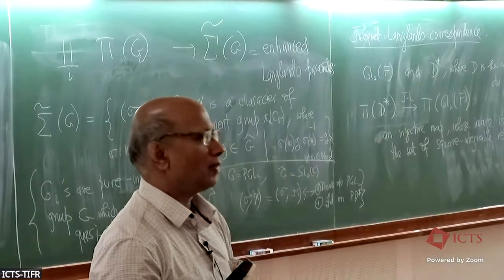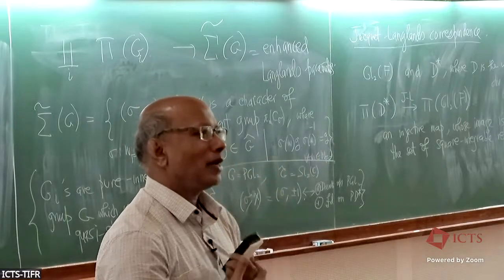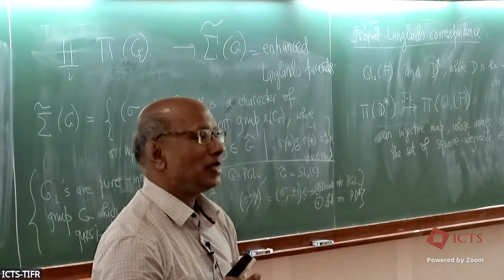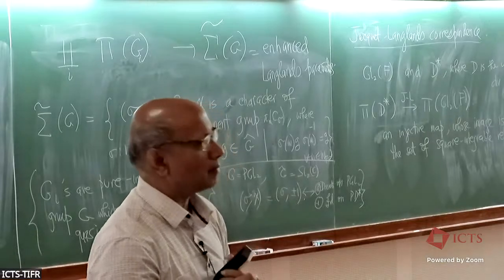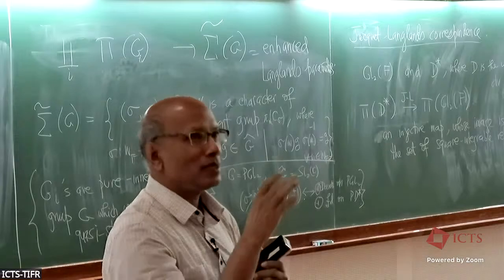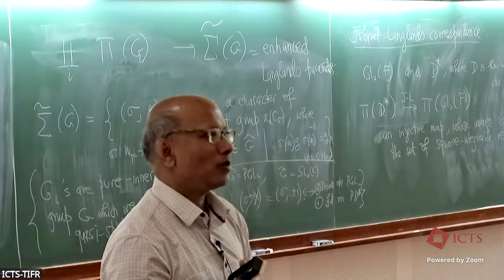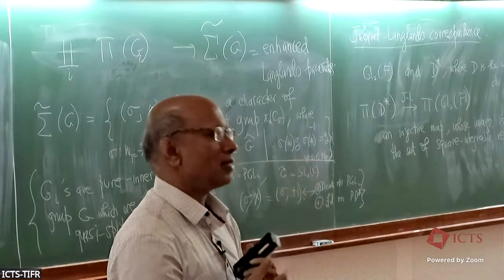And one of the main intuitions in GGP has been that this multiplicity one theorem is not only true for one representation, but it is true for the Vogan L packet. Somehow that is one of the key assertions.